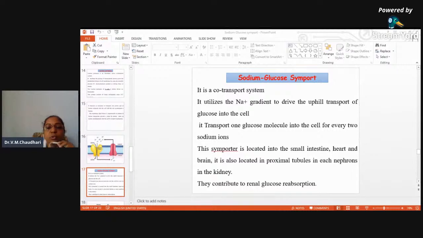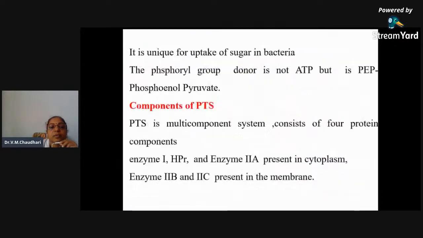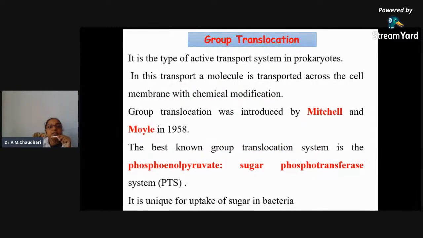So I will again show you the mechanism of group translocation. What is group translocation? It is a type of active transport system in prokaryotes which was introduced by scientists Michel and Moyle in 1958.